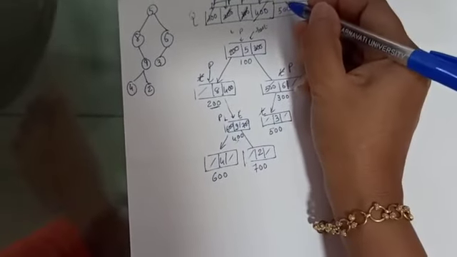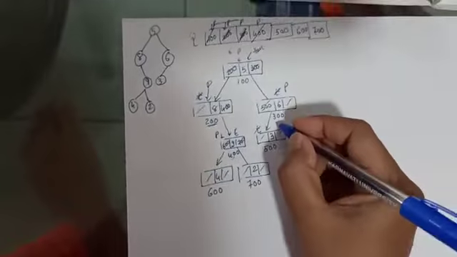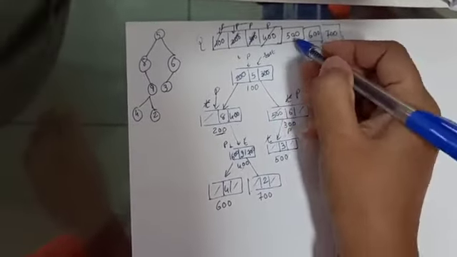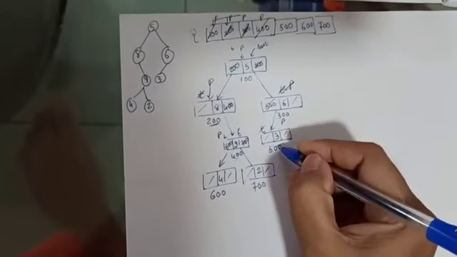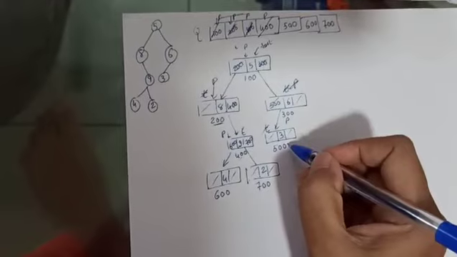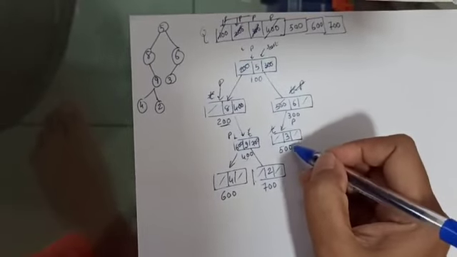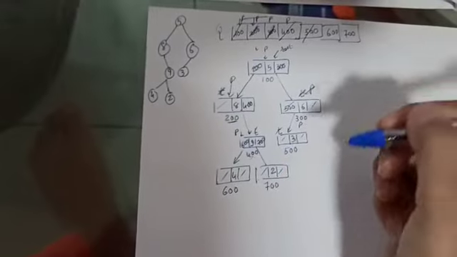The next dequeued node is 500. Now p is pointing to this 500 node. Now we will ask whether this node has a left child or right child. But this node has no left child or right child. So this is also completed.